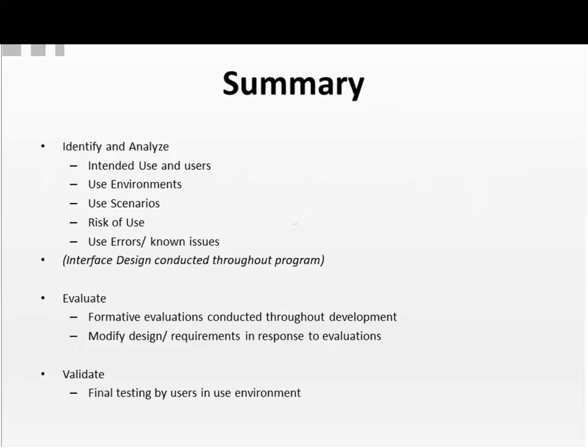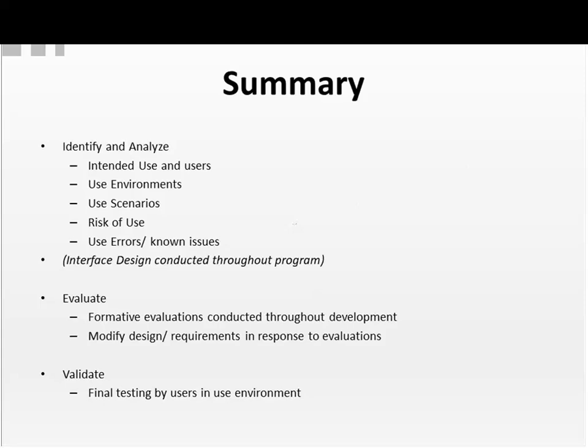A summary of the process. Go through a quick summary and then get into detail. First, you want to identify and analyze, which means you identify the intended use of the device and the users of the device, the specific users of the device, and their characteristics.